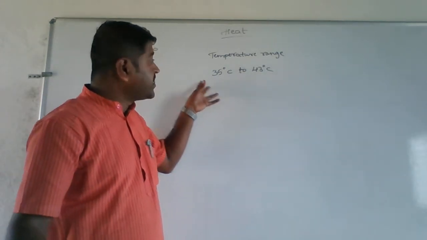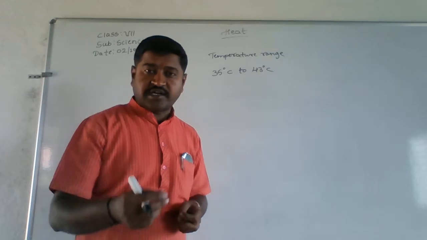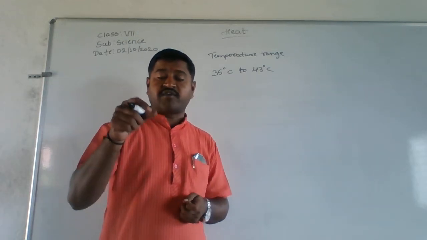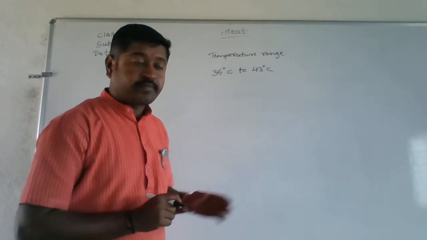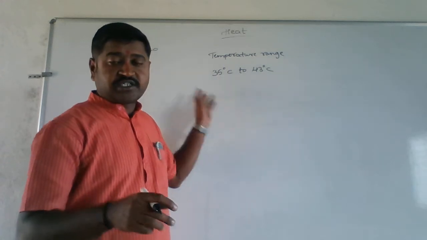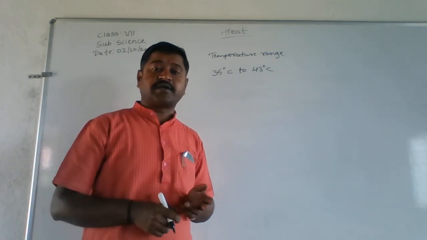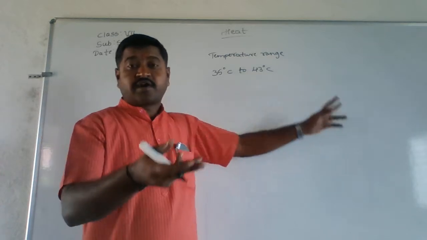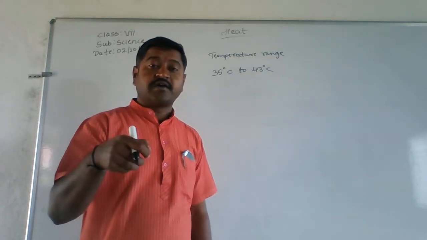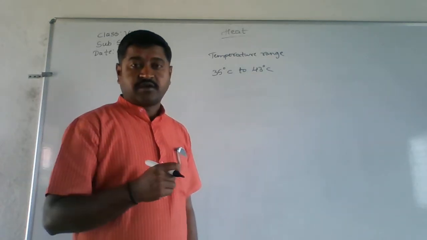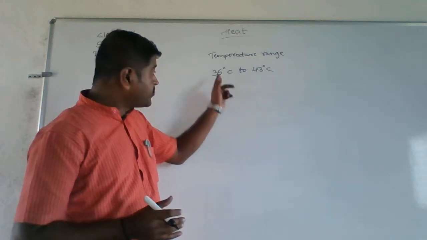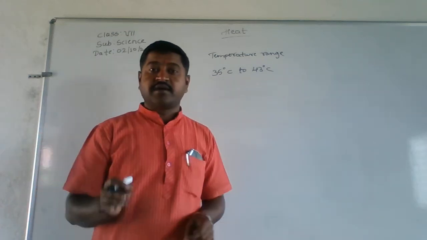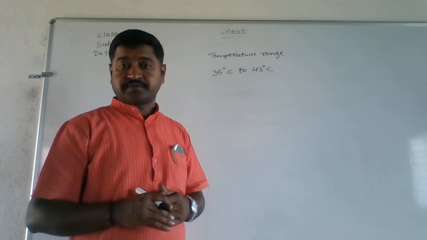Only from 35 to 43 degrees Celsius will you find readings on the clinical thermometer. Below 35 degrees Celsius you will not find a reading, and above 43 degrees Celsius you don't find readings either.